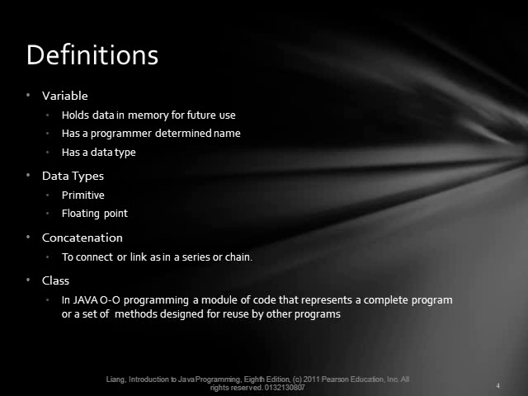Another primitive data type would be int, representing an integer data type. We also have floating point data types, and those are data types that can hold decimal numbers. And one of the things you have to understand is that it's hard to mix and match these data types, and we'll talk about some of those rules.